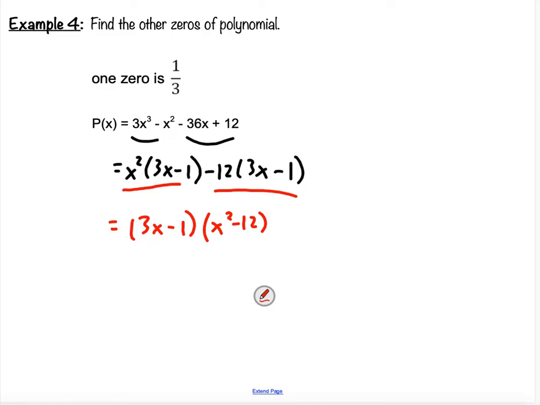So then we already found the 0 for the first set there. It's 1/3. The second set over there, we would set equal to 0 and solve. The square root of 12 can be broken down as the square root of 4 times the square root of 3.